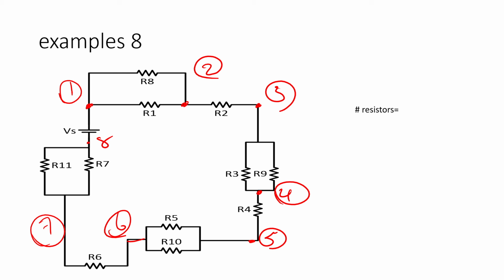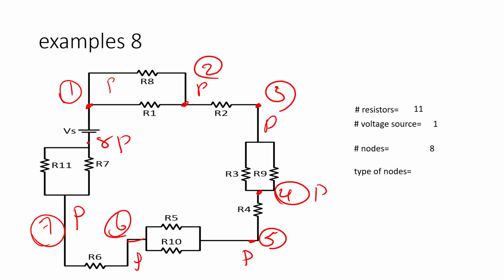This connecting point connects 3 elements. It is P, 3 elements P, this one P, this is P, and here is another 3, so it is P. All the nodes are P-type nodes.